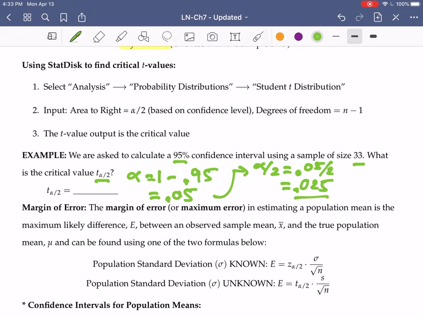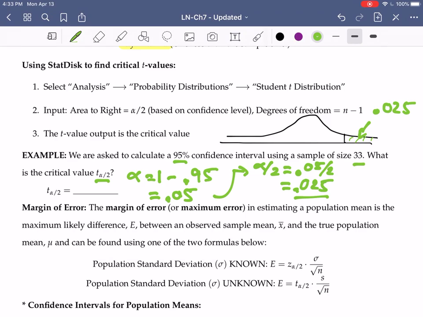So that's the area to the right of the number that we want. We should imagine having a normal-ish distribution. It's a t-distribution, but it's kind of normal-ish. Somewhere up here we have this value, and the area under the curve to the right of that value is 0.025.